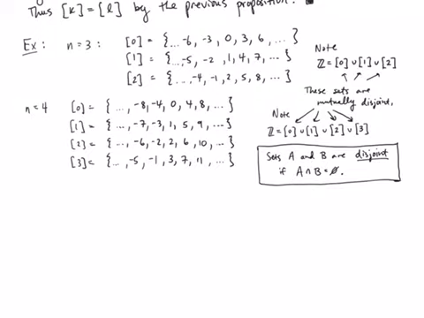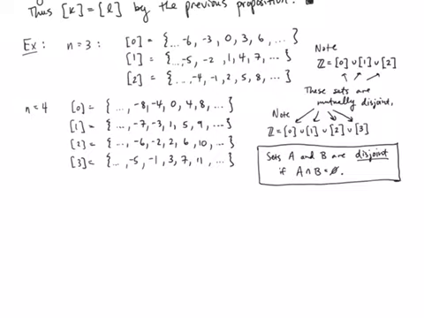And then the same logic applies for n equals 4, right? So if you have 0, 1, 2, and 3, the equivalence classes of those, if you add 4 to 0, 1, 2, 3, you're going to get 4, 5, 6, 7, and then you add 4 to that, you're going to get 8, 9, 10, 11, and as you keep adding 4 to all of those, you get all of the positive integers, and if you subtract 4 from those, then you're going to get all of the negative ones.